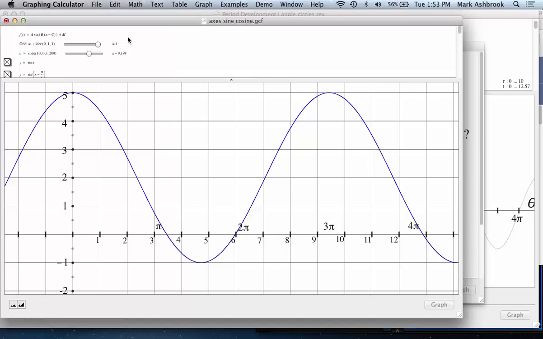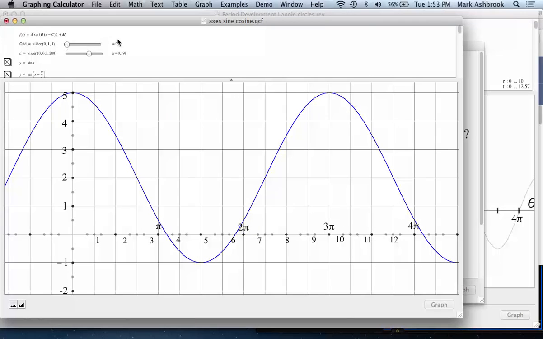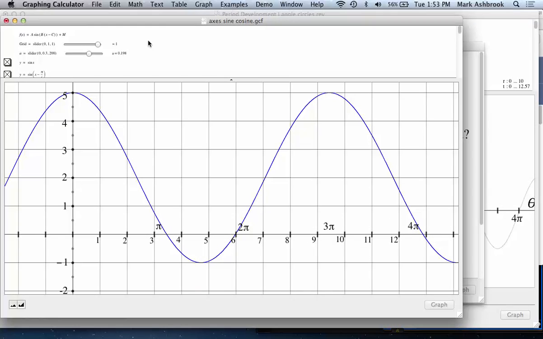So which do you think? Let's look at them both again. There's the pi scale, meaning in terms of factors and multiples of pi, or factors and multiples of just whole numbers. Which one?